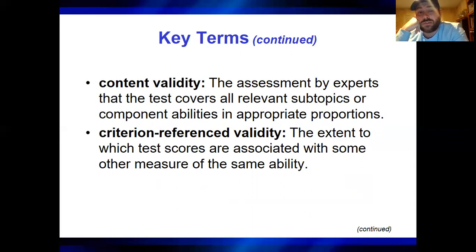Criterion reference, the extent to which test scores are associated with some other measure of the same ability. It might be something where, if we start looking at things such as the ACSM guidelines, I believe, making sure that we hit a certain criterion reference for that validity, right?